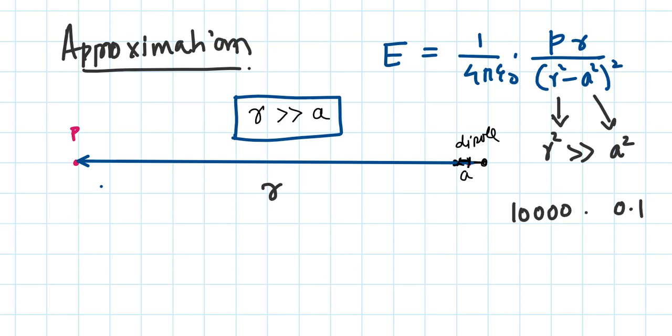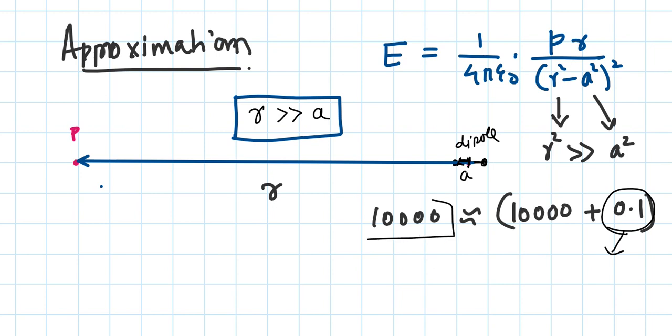So when you add them together, the effect will be approximately equal to the larger number, which means you won't be worrying about the smaller part. This part does not matter to you anymore. So the only part that matters would be the larger part, which is the R square.